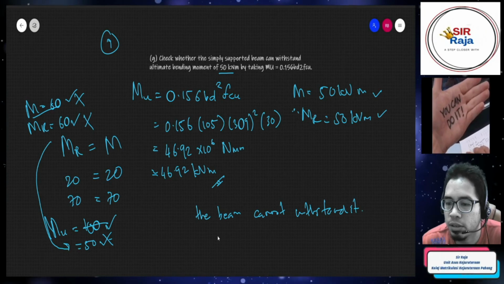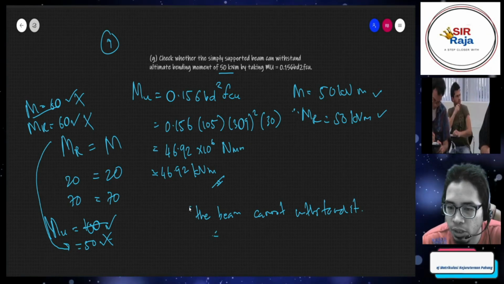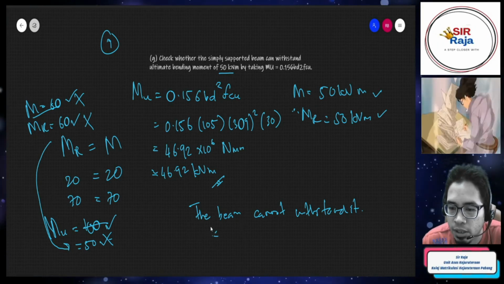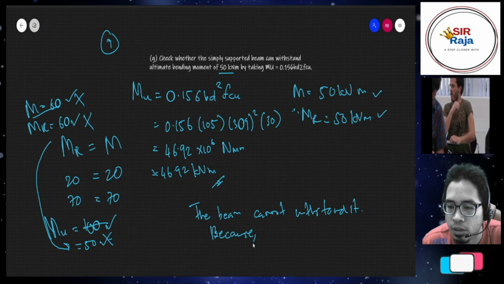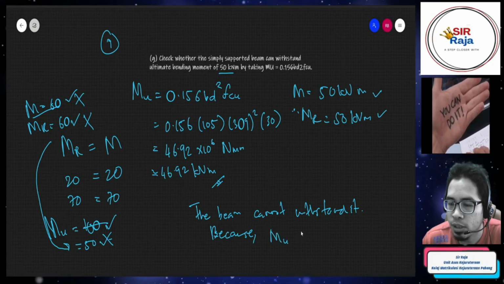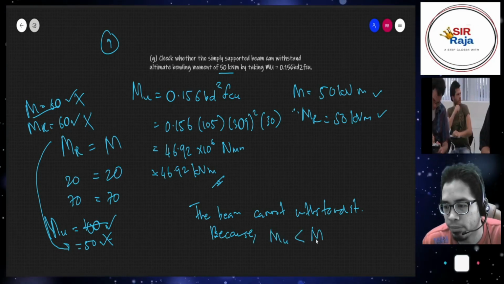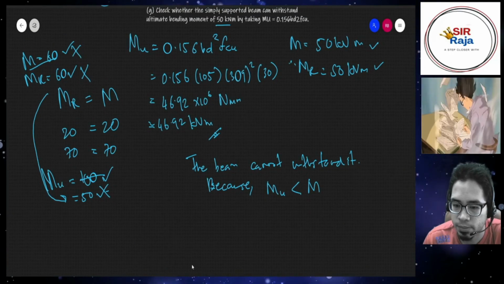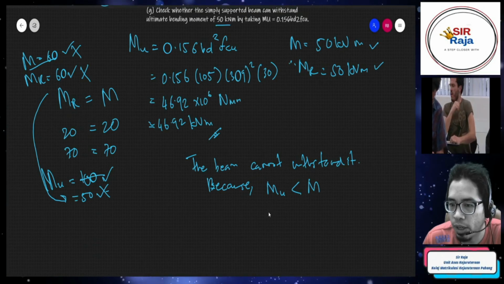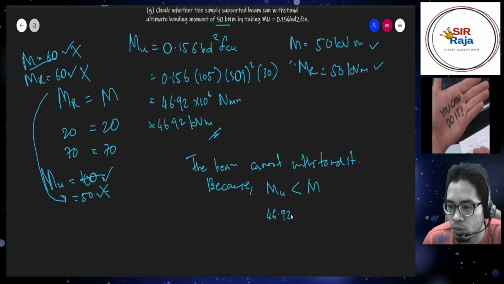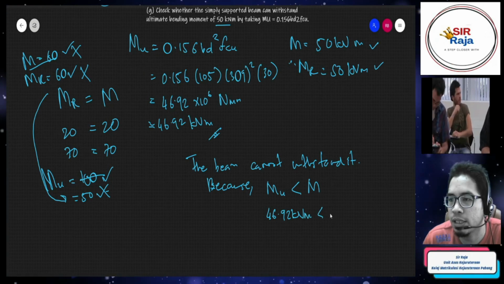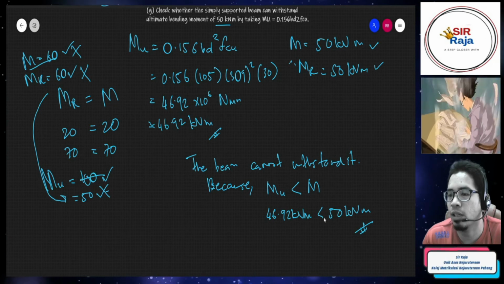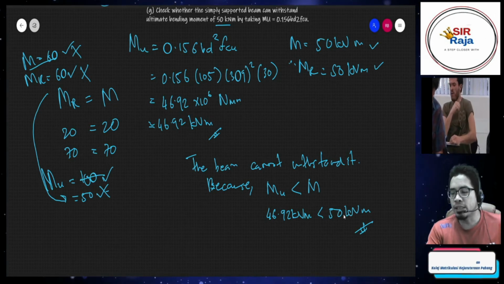Here is the answer: the beam cannot withstand it, because MU is less than M, where 46.92 kilonewton meter is less than 50 kilonewton meter. So this one cannot withstand 50 kilonewton meter.